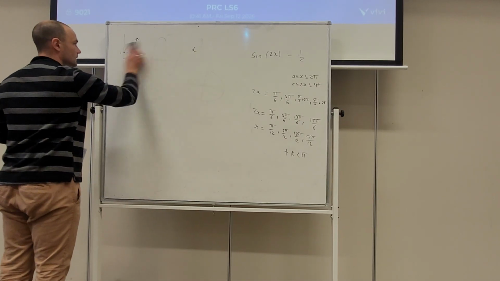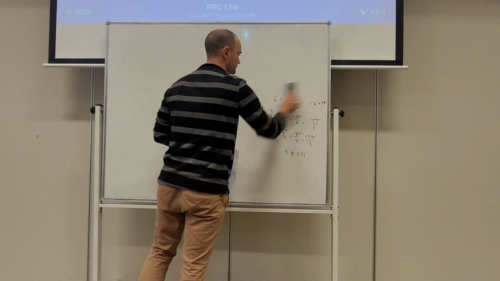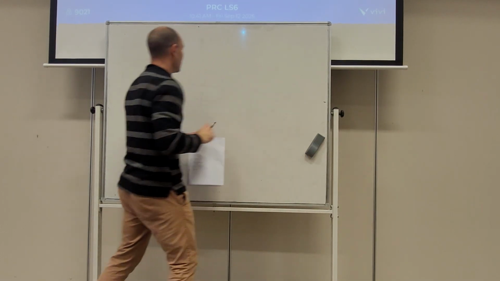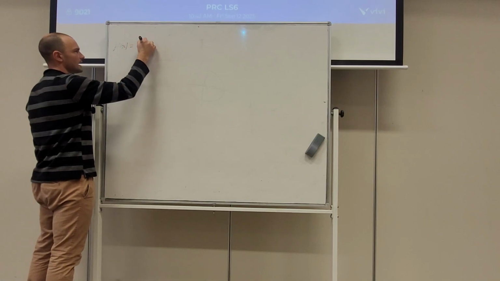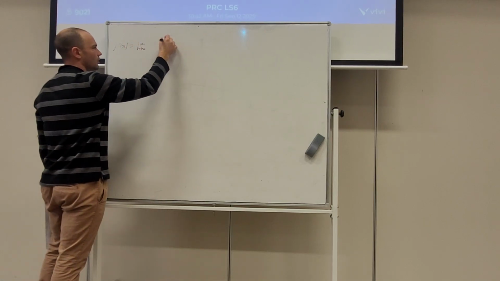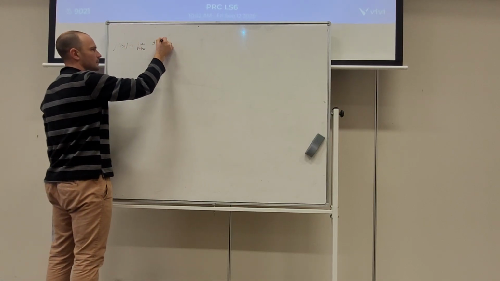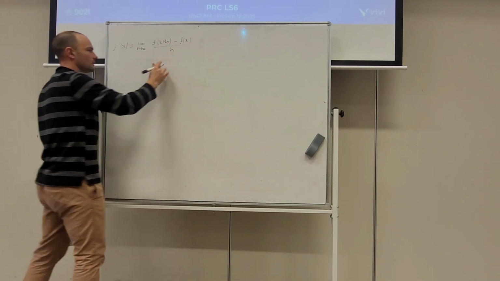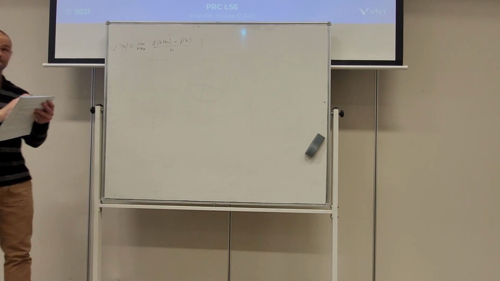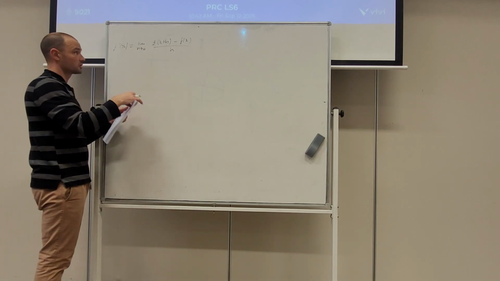I hate this. The formula for first principles is f dash of x is the limit as h approaches 0 of f of x plus h, take f of x, on top of h. So in our circumstance, our function is x squared plus 2x.